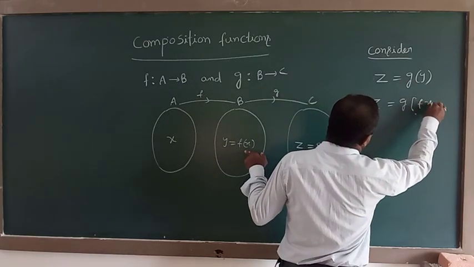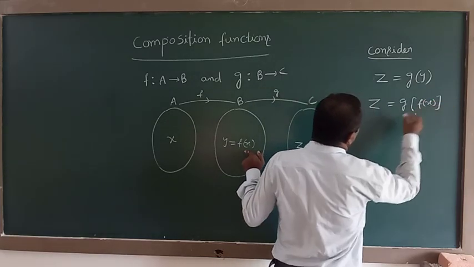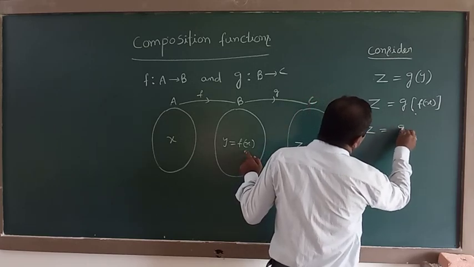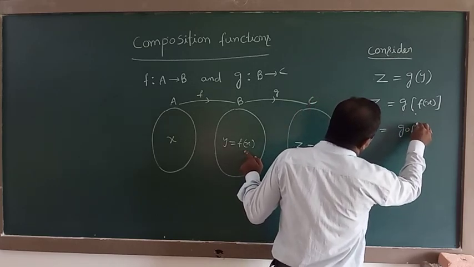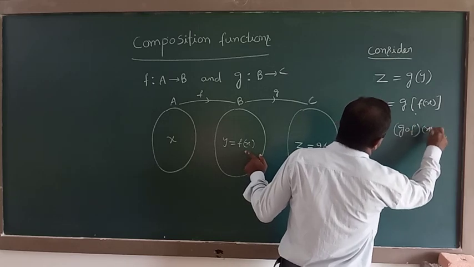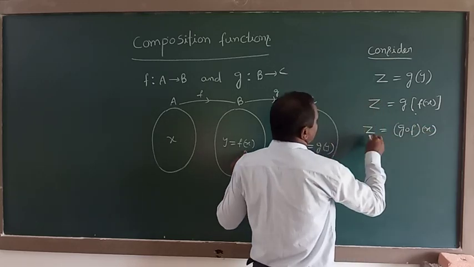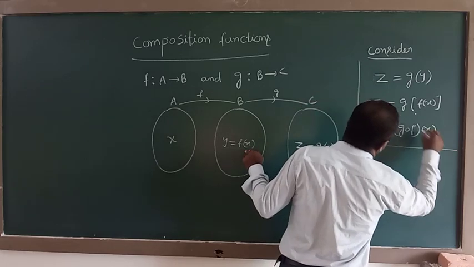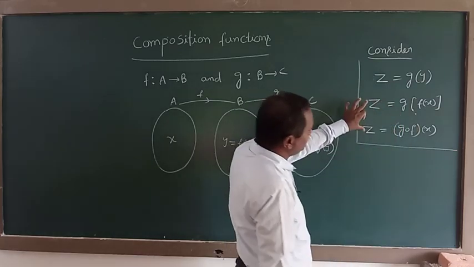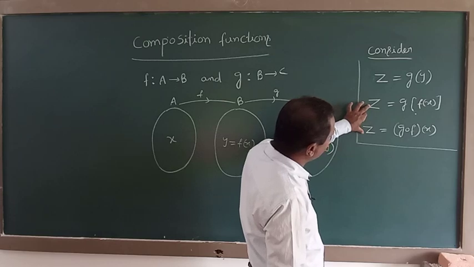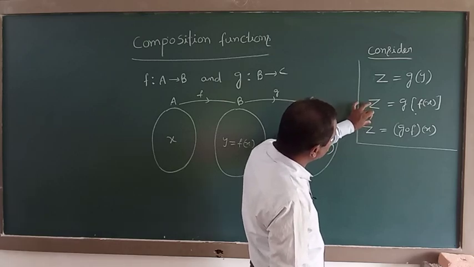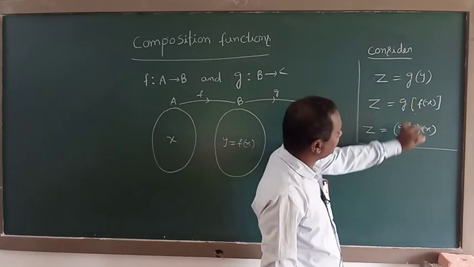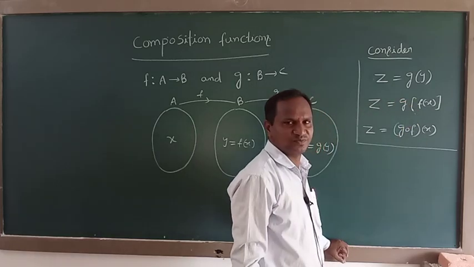It is g of f of x, or it can be written as g circle f of x, g dot f of x. From these two equations, if you observe, the left hand side parts are equal, so definitely we can equate their right hand side parts also.